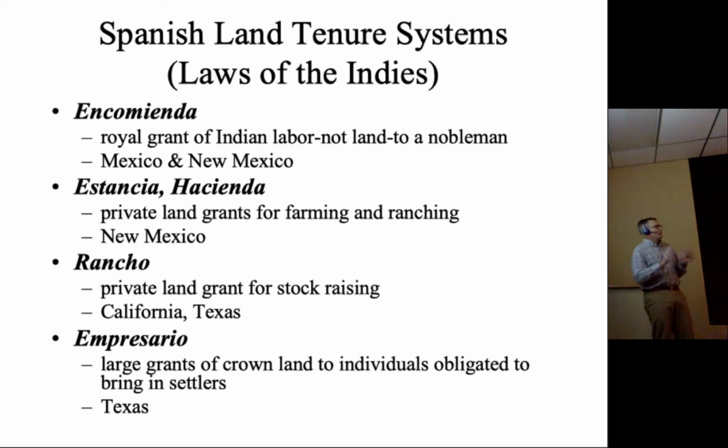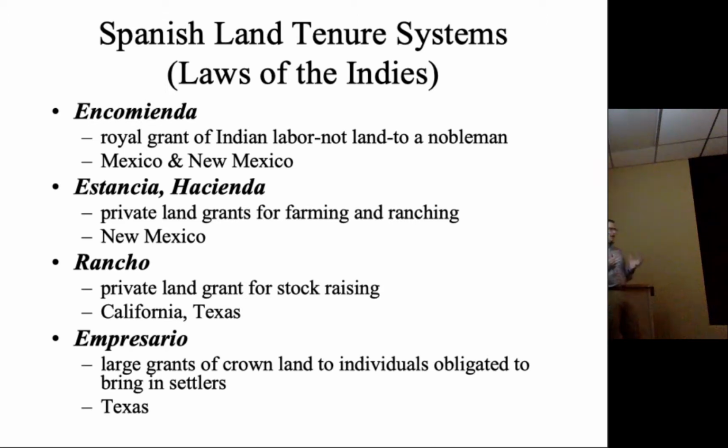Okay, so with the exception of Texas, and that's because the impresarios asked the wrong people to settle. Actually, they asked the right people to settle. They asked Southern Anglo cotton producers and ranchers who came out of the Carolinas and Georgia and Alabama and Tennessee, especially Tennessee, into Texas in the early 1820s and 1830s.